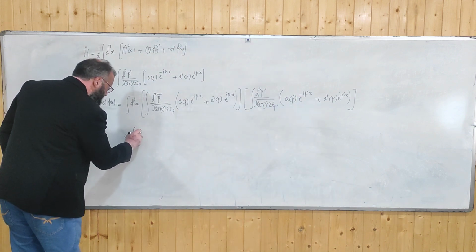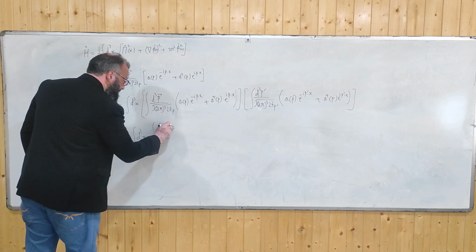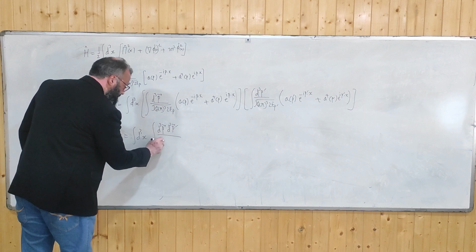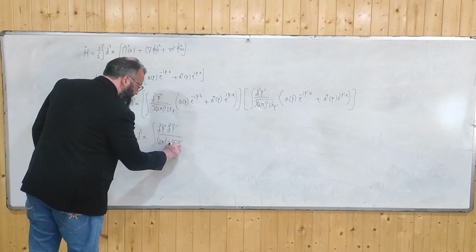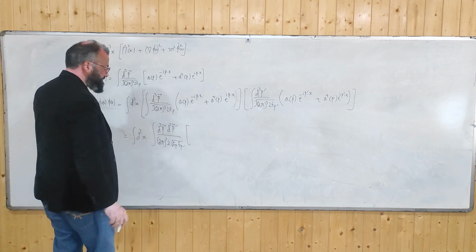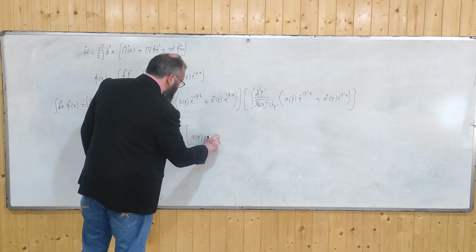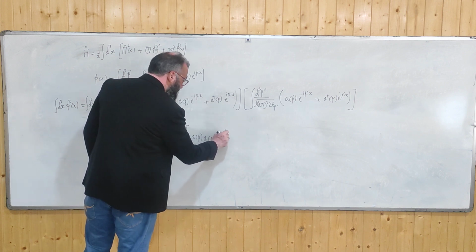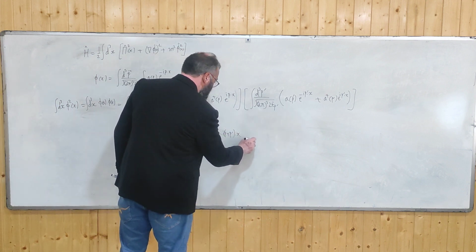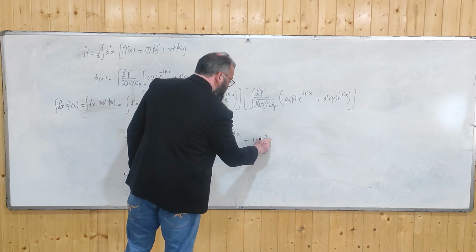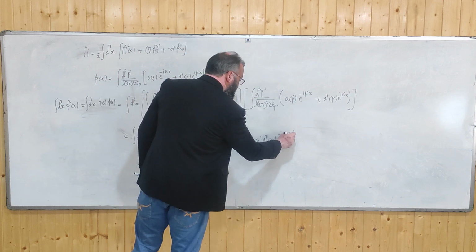Instead of wasting time, it will be d^3p prime divided by (2 pi)^3 twice root of E_p prime, then a of p a of p prime e to the power minus i (p plus p prime) dot x, then a of p a dagger of p prime e to the power minus i (p minus p prime) dot x.